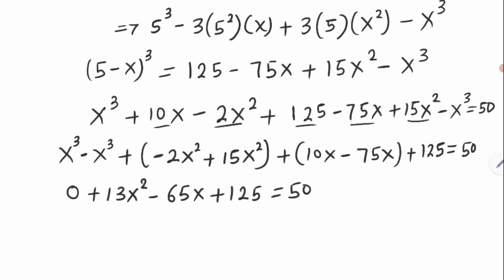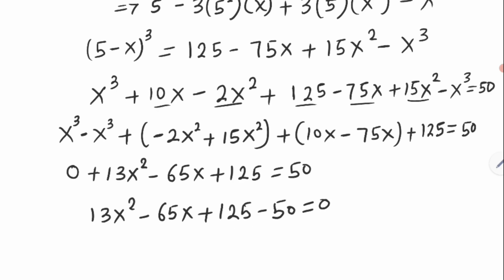This is 0 plus this is 13x square minus 65x plus 125 minus 50 is equal to 0.